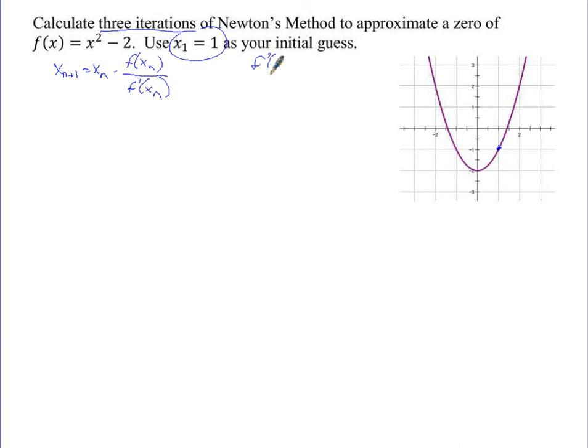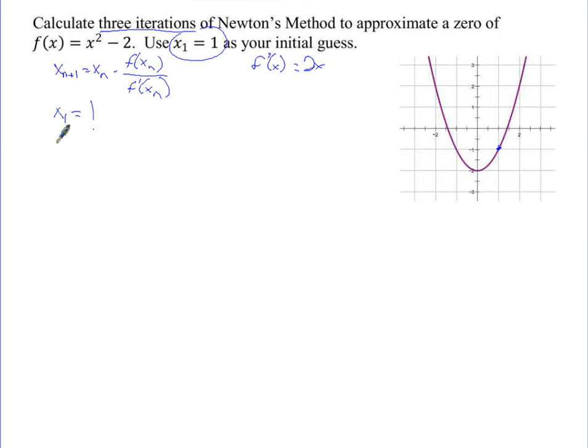F prime at x equals what? 2x. Okay, now x1 equals what? What's x sub 1? It's 1. We're told to use x sub 1 equals 1.